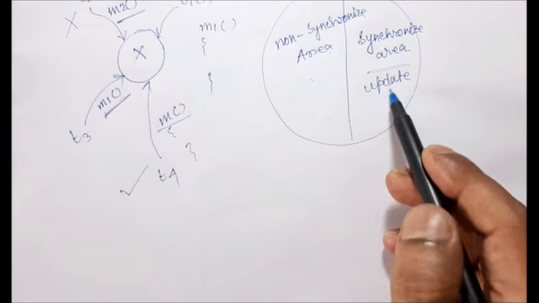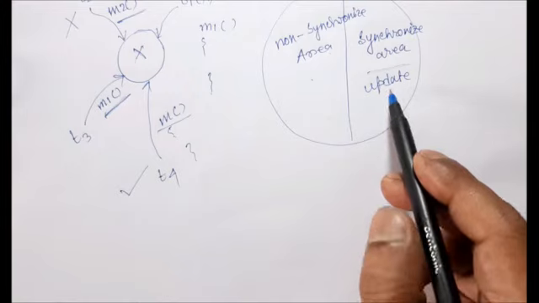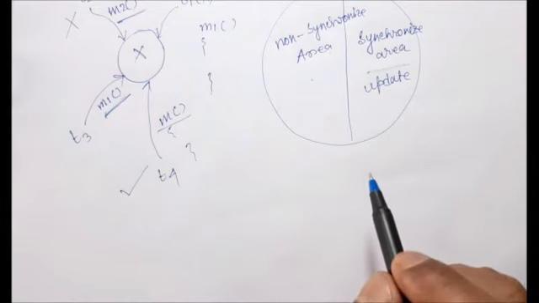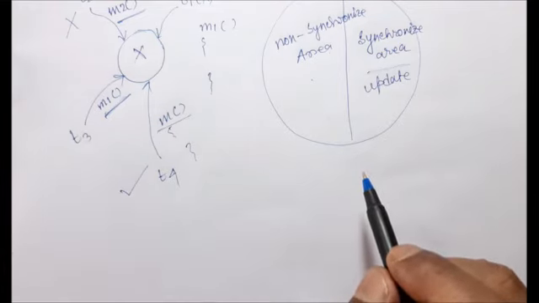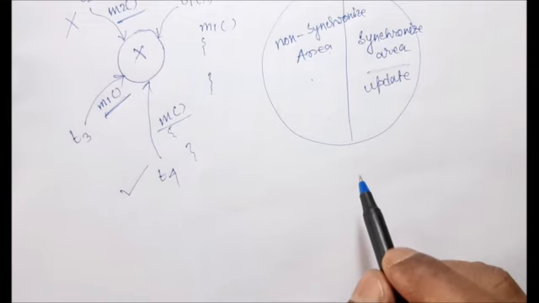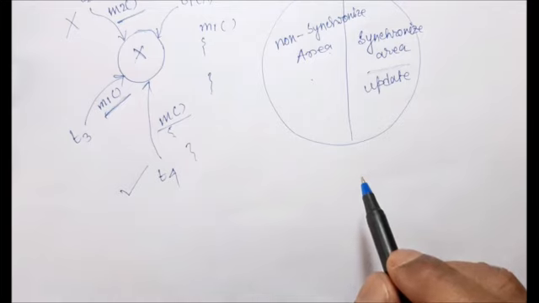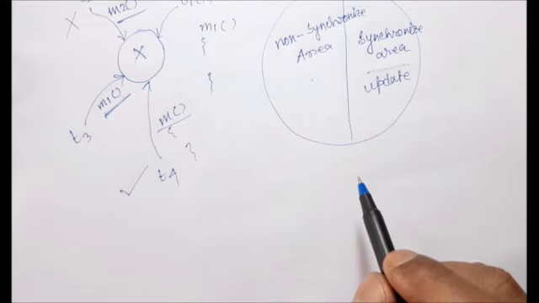Those data will be accessible to only one thread at a time, but we will keep outside those code which are not frequently updated or not going to update, for example a read operation, which does not update my data. But if I want to add some data or delete some data from my database or any file, those code are very important, otherwise I will get inconsistent data.